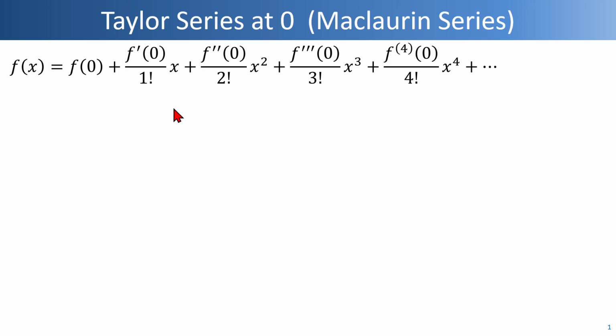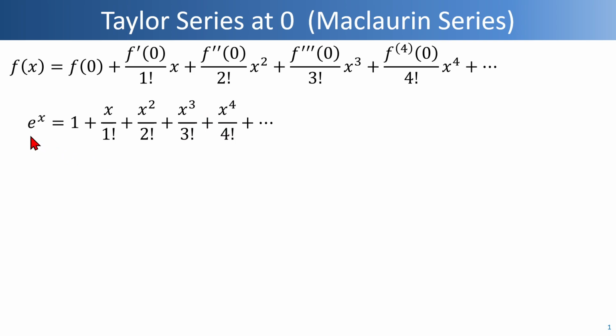So we'll look at a very important but nice example, the exponential function. Whenever you take its derivative, you just get e to the x back. And when you plug 0 into e to the x, you always get 1.